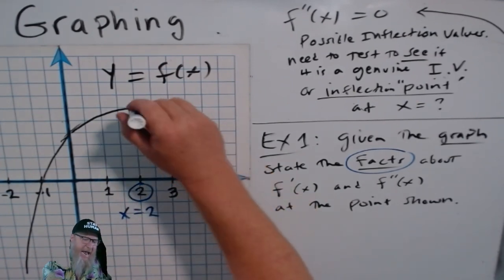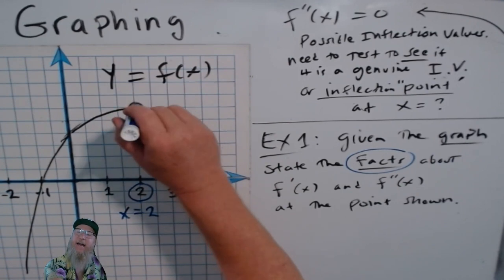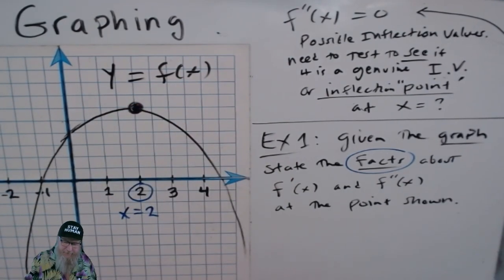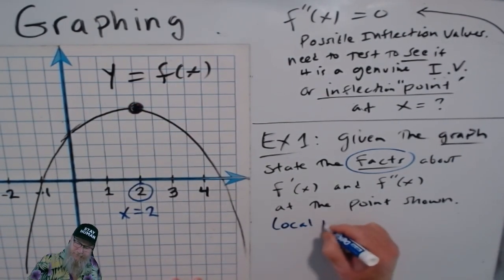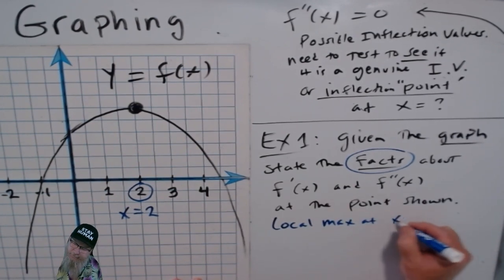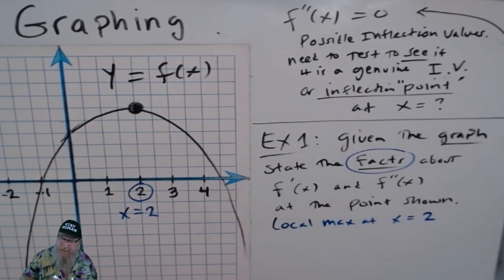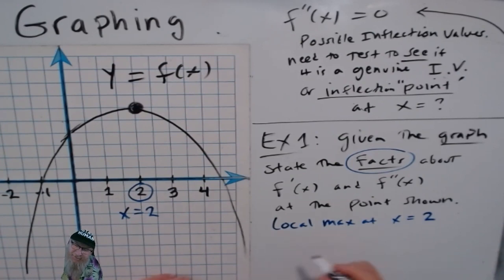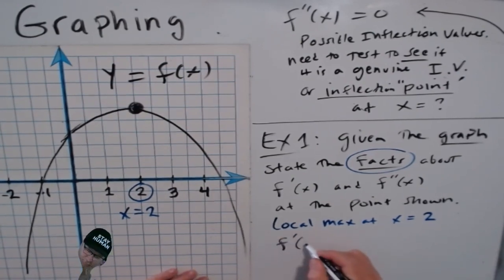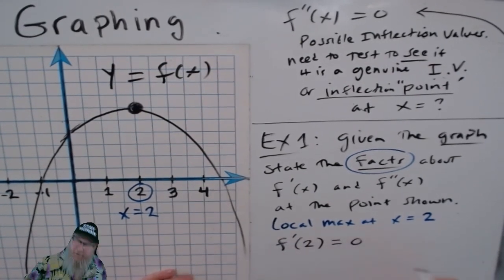So at f of x, because this is a local maximum, we know that f prime of 2 is equal to 0.